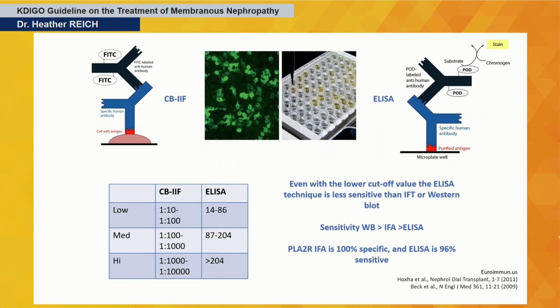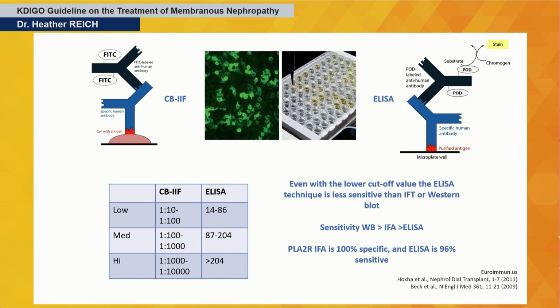It is important to be familiar with the commercially available assays to interpret and apply the new guidelines using anti-PLA2R antibodies for diagnosis. There are two commercially available assays, both produced by Euroimmun. On the left, you can see the cell-based indirect immunofluorescence assay. On the right is the familiar ELISA assay, and both have specific operating characteristics unique to the technology used.